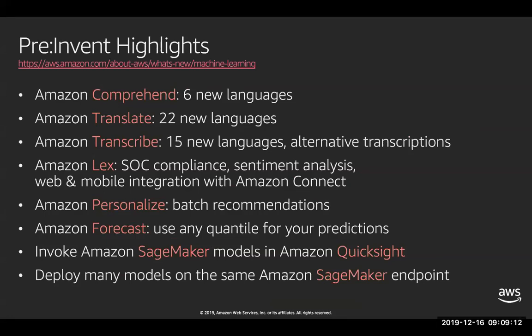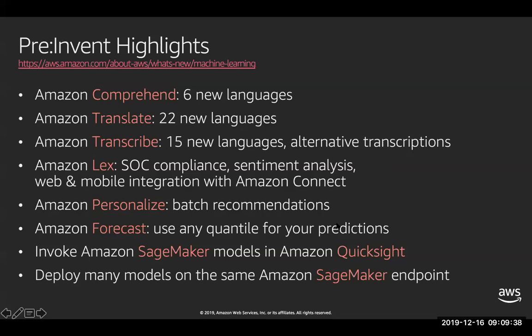There are also more vertical services being built on these AI services. So there's something called Comprehend Medical. I believe there's also Transcribe Medical, and there are lots of new languages and vertical uses being added year after year and month after month. So keep an eye on that.